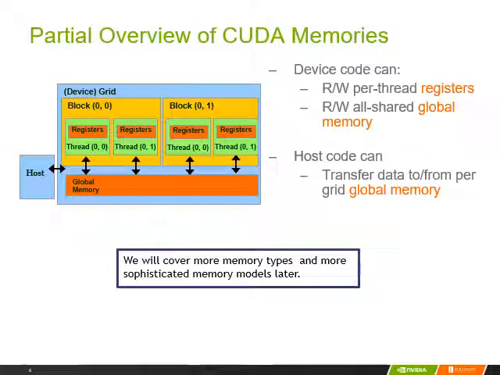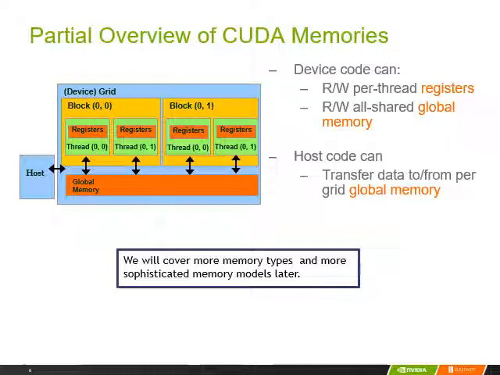Before we introduce more details about the CUDA memory management and data transfer API functions, we need to have a better understanding of the CUDA memory model. On the left side of the slide, we see that we have a host and a device. The device has a global memory, shown as an orange box at the bottom, and the device can execute multi-threaded code, where each thread has access to its private registers, shown as an orange box in each thread.